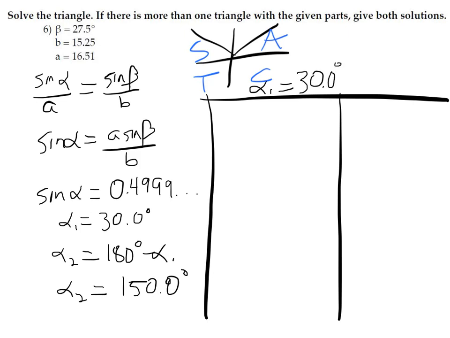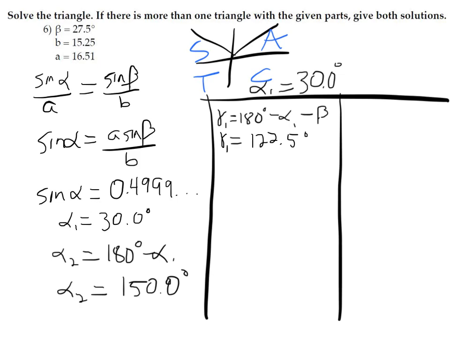Well, we can go after gamma now. Gamma equals 180 degrees minus alpha 1 minus beta. These are the information we have, and that gives us gamma 1 equals 122.5 degrees. That's fine. That's a great triangle.